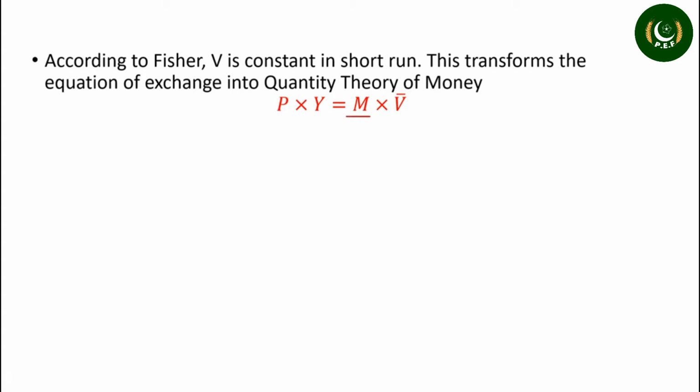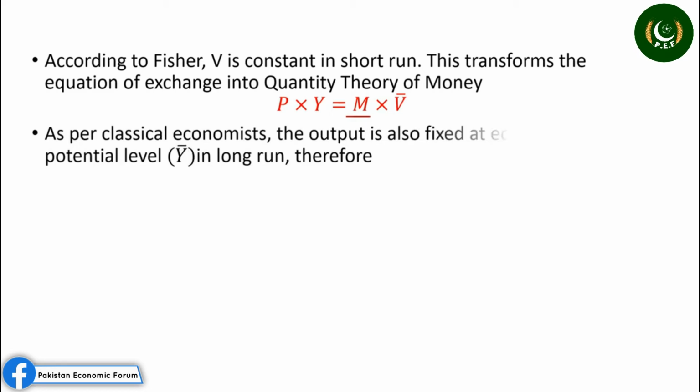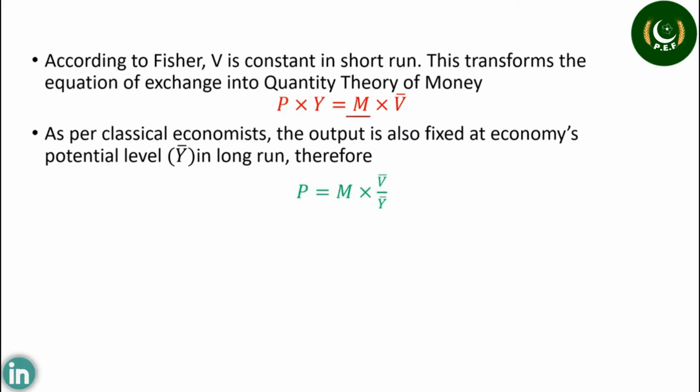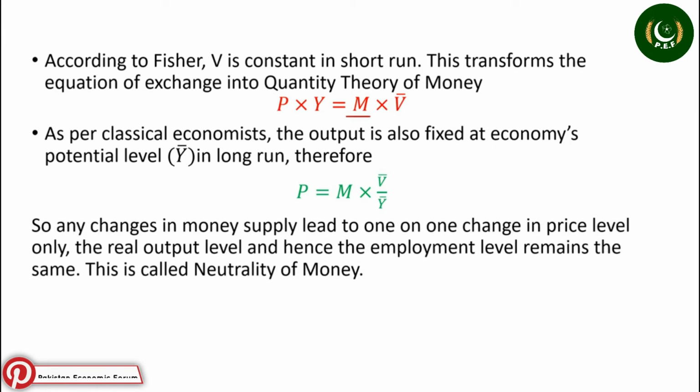As per classical economists, the output is also fixed at economy's potential level in long run. Therefore, any changes in money supply lead to one-on-one change in price level only.